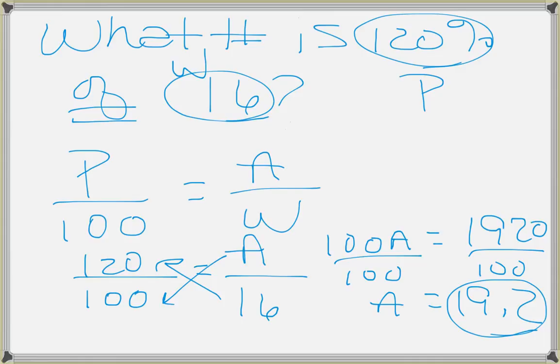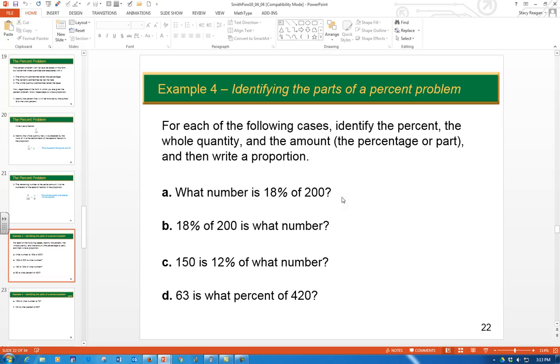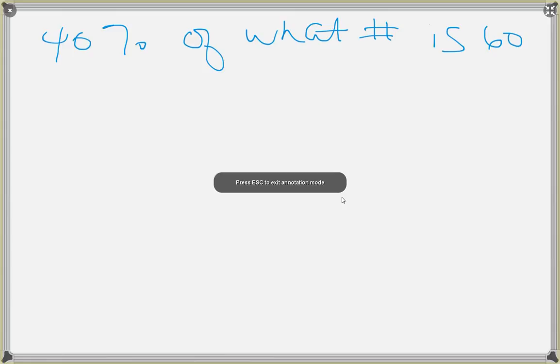Let's look at another one that has them in a different order. How about we look at number 24. 40% of what number is 60? So we've got our little template.